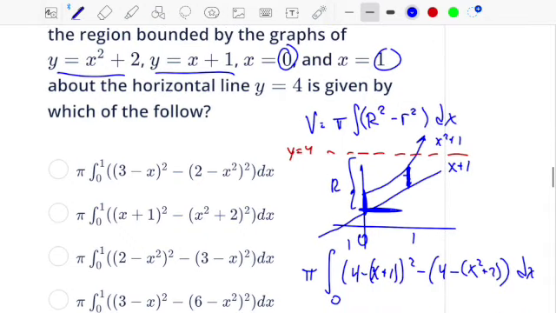Okay, I see. The pi's all line up. 4 minus, this is going to be 3 minus x squared. So get rid of that. Next, that's 4 minus 2, that's going to be 2 minus x squared. And we've got the first one.